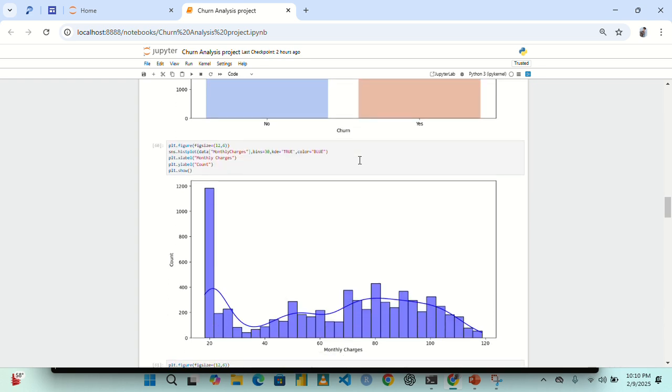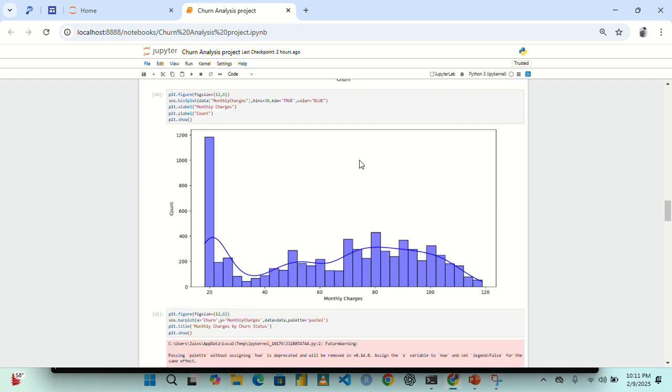After that, I make a hist plot. What it suggests to me is that many customers pay low monthly charges. So basically, this is a plot talking about the monthly charges. On the y-axis, there is a count of monthly charges. So I found many customers pay low monthly charges, that is $20, due to their basic plans.